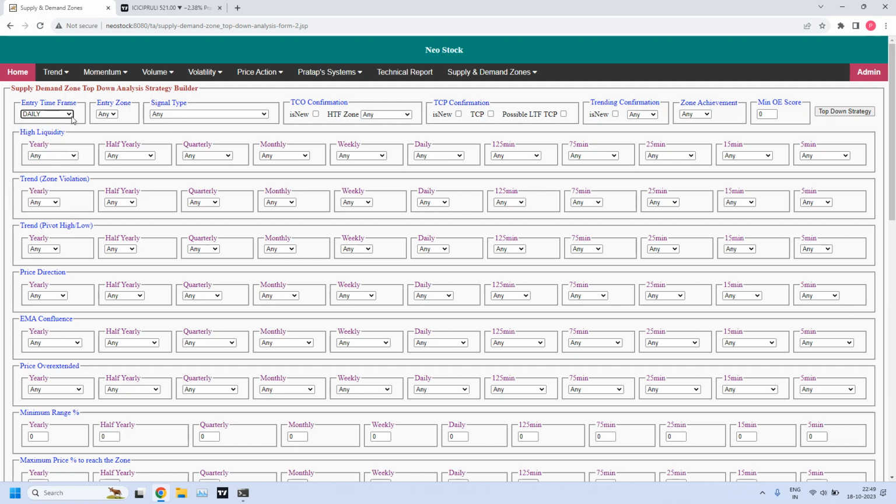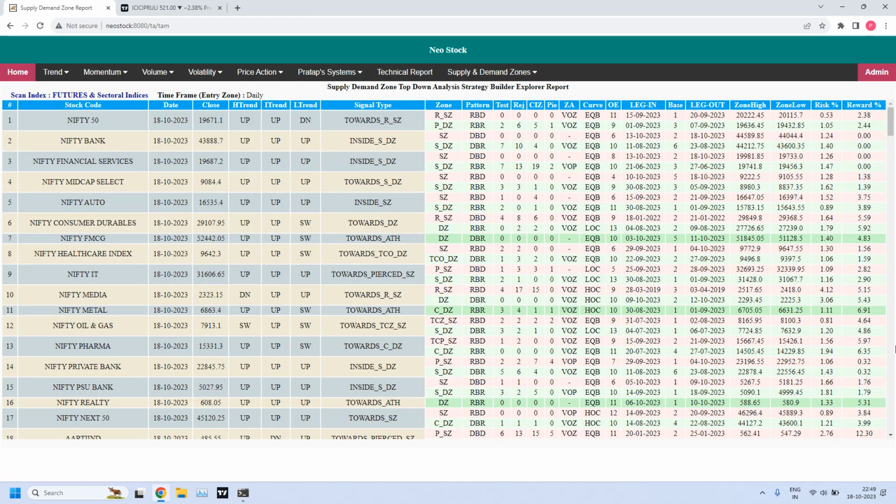So entry time frame daily, I am generating all the demand and supply zones. I mean demand and supply zones for all the stocks. So I keep on scrolling this list.